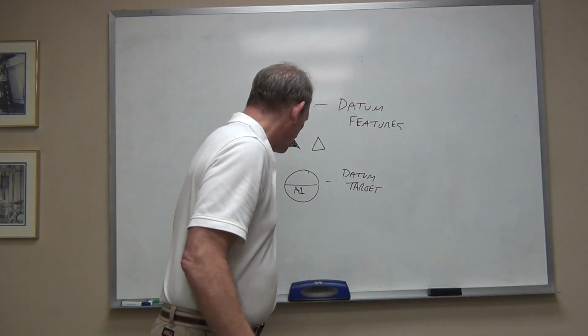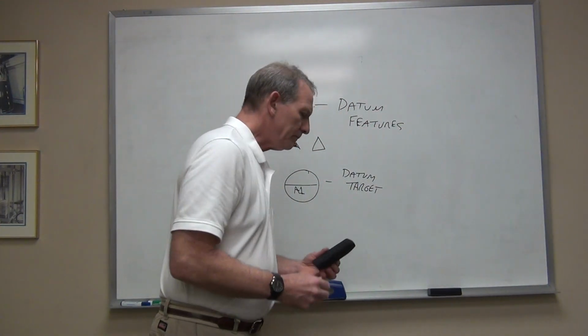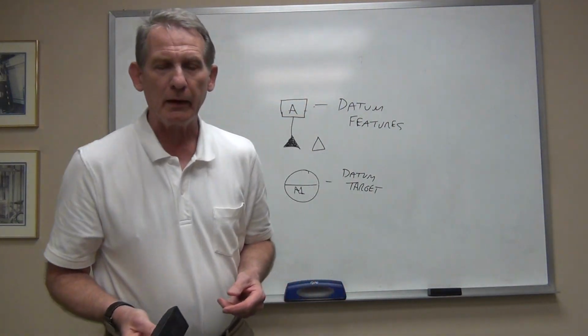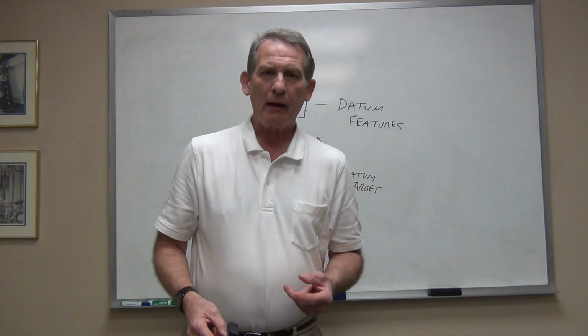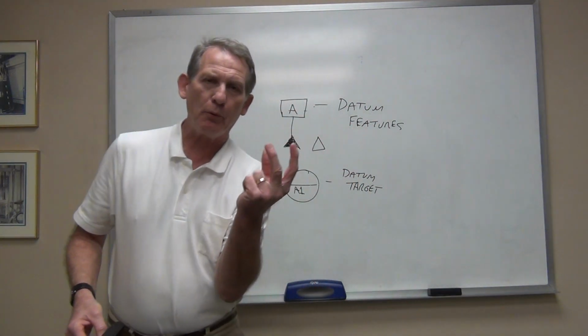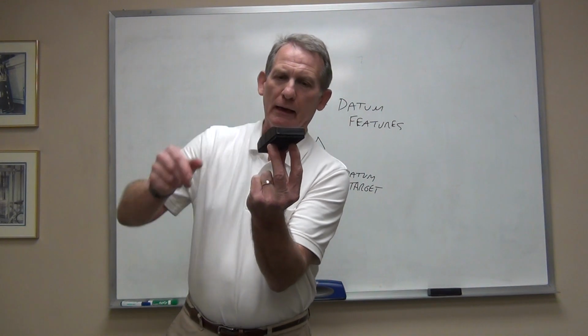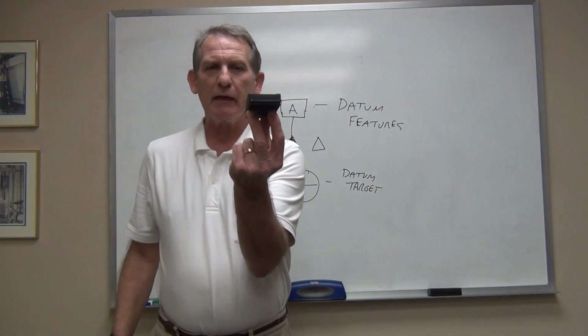I'll give you an example here. If I wanted to put this eraser on a fixture and I wanted it to sit level, I would establish 3 datum points on that fixture, and I would set that eraser on it, and it would sit stable and level.